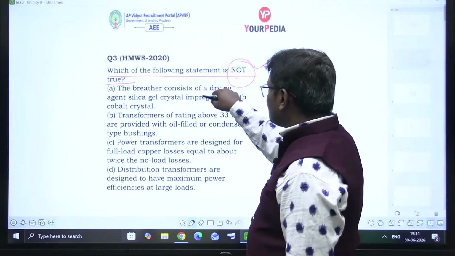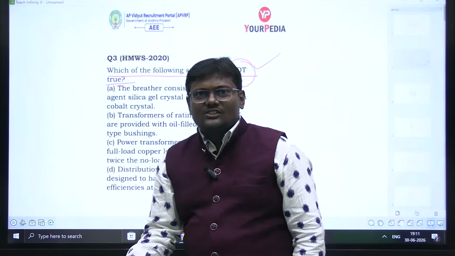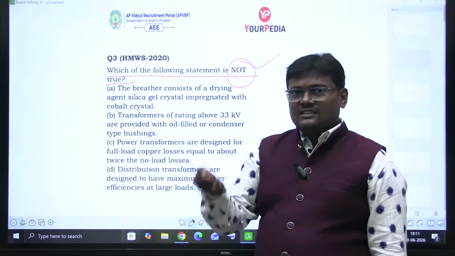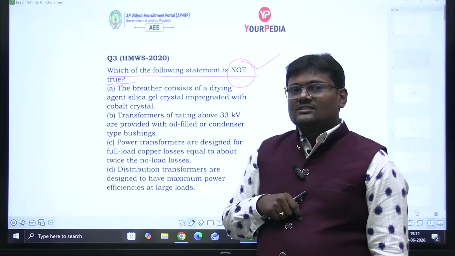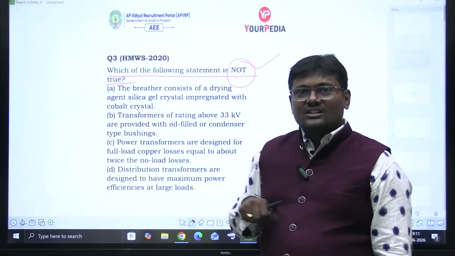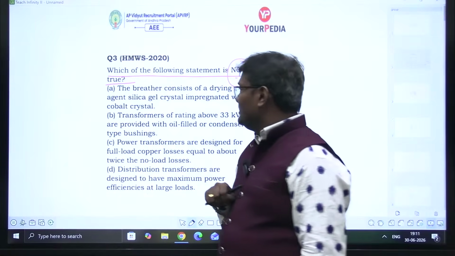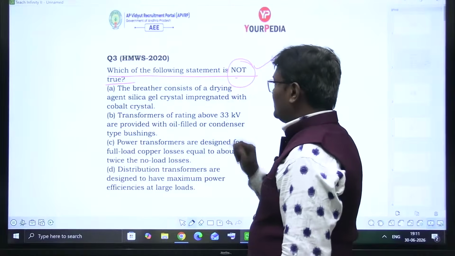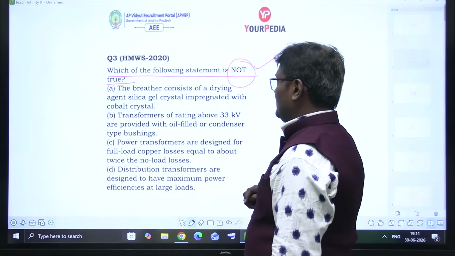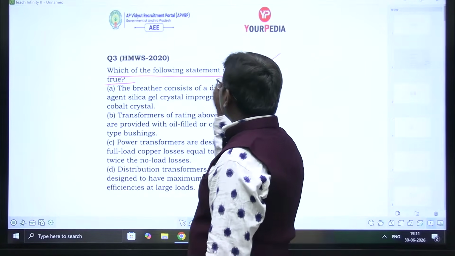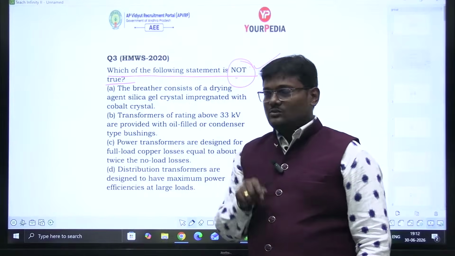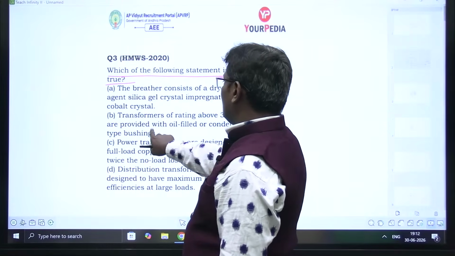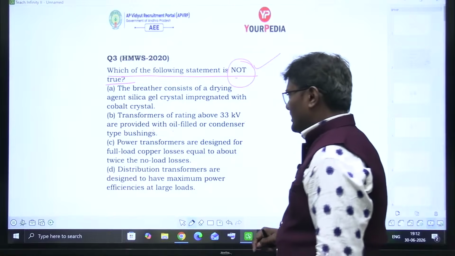If you read the first one, yes, silica gel is used in a transformer to avoid the impurities, and fresh air is in, yes, to avoid the moisture content, so you can take that A option is correct. But here, which of the following statements is not correct or not true? It is given like that. Transformers of rating above 33 kV are provided with oil filled or condensed type.